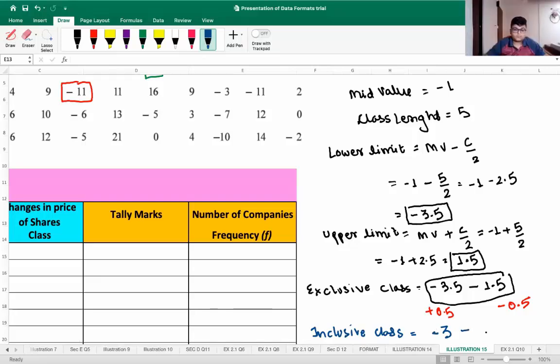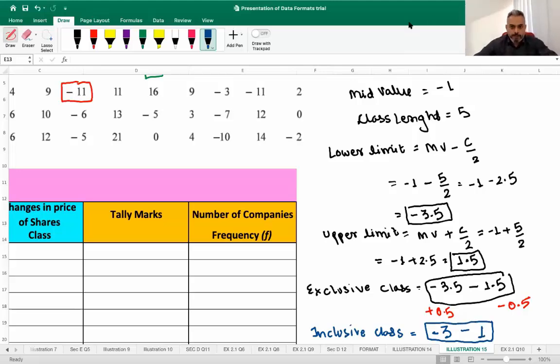This will be one of the classes, -3 to 1. Please write this down.